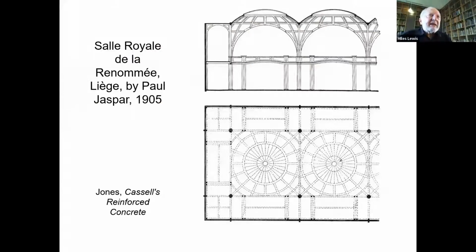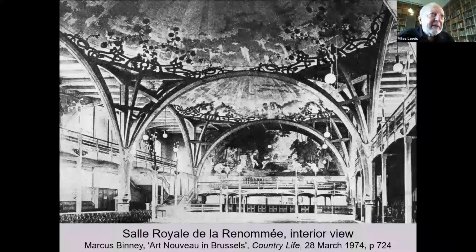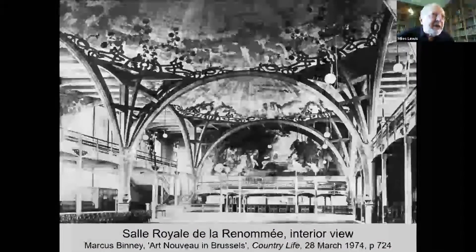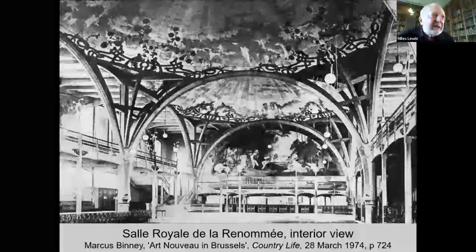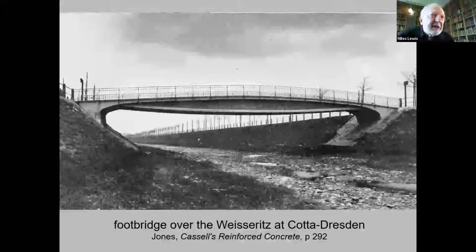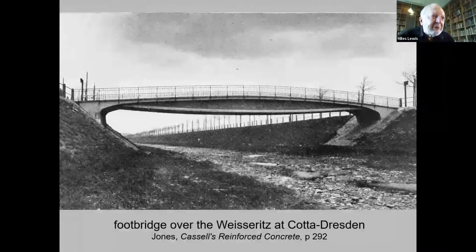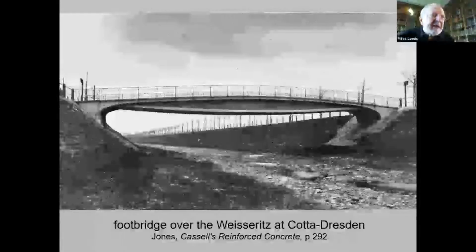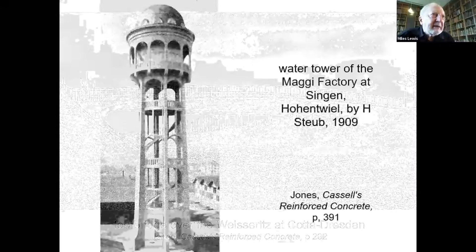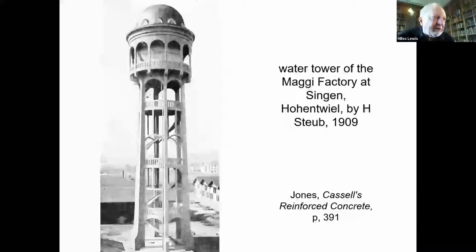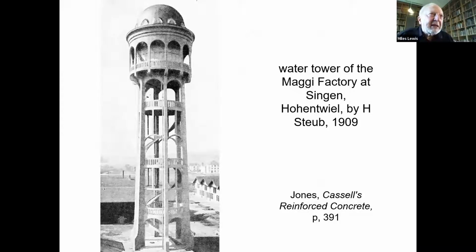Here now, this elegant ribbed structure in 1905, Liège in Belgium. And here it is, it's obviously a sort of Art Nouveau structure. Here, this very elegant, simple footbridge in Germany. This water tower, it's like a sort of futuristic space odyssey sort of design, 1909.